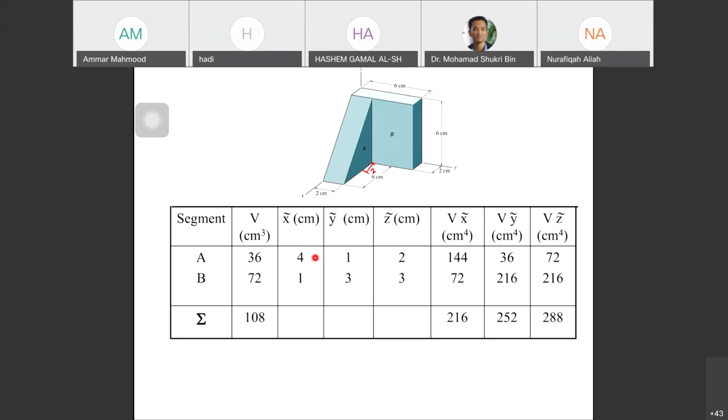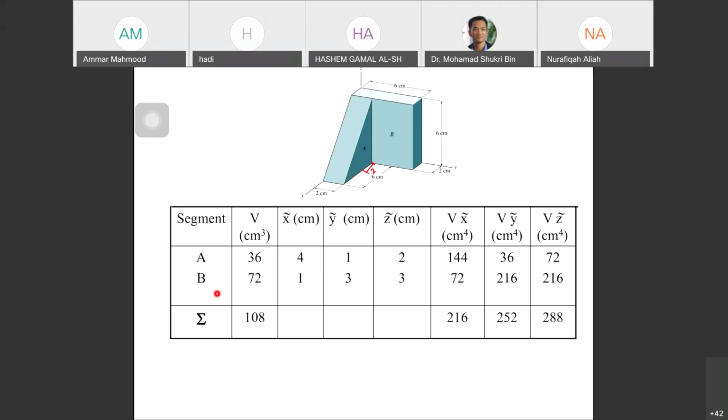That's why you get 4. Don't put 2 here, because the question is measured from the origin. And then y bar is 1. Here is y. Y bar is 1, half of the triangle's height. The 1/3 is measured along the other direction, so this one is still half.